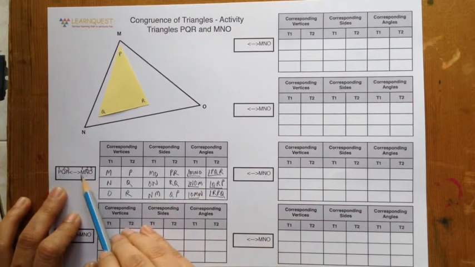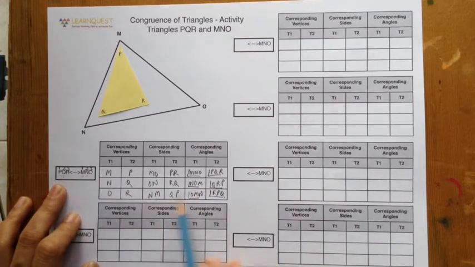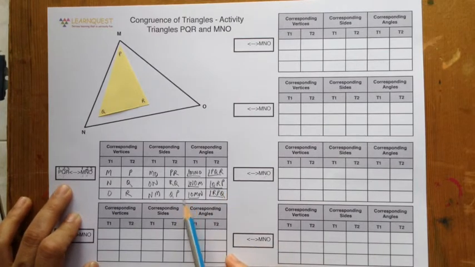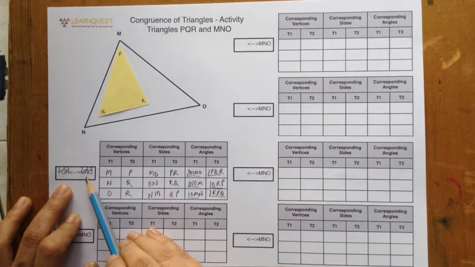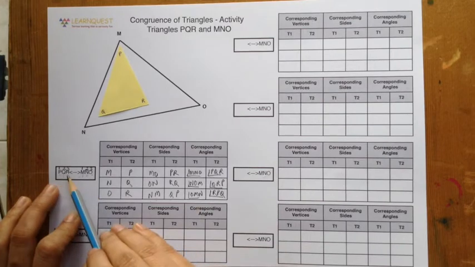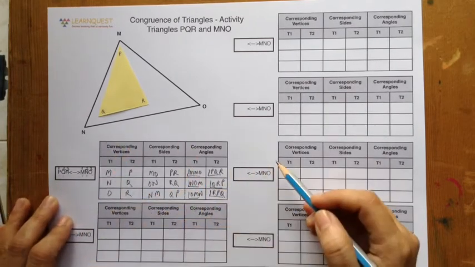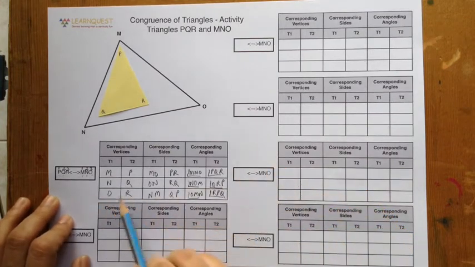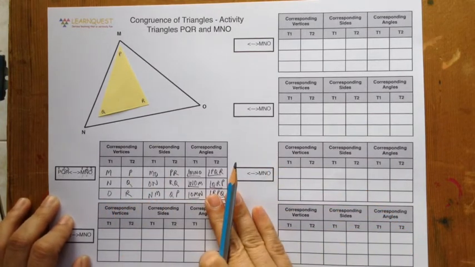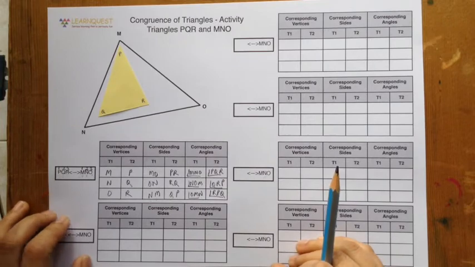NOM, 2, 3, 1 is QRP, 2, 3, 1. OMN, 3, 1, 2 is RPQ, 3, 1, 2, right? So this is another way in which you can map all the correspondences without even looking at the figure.